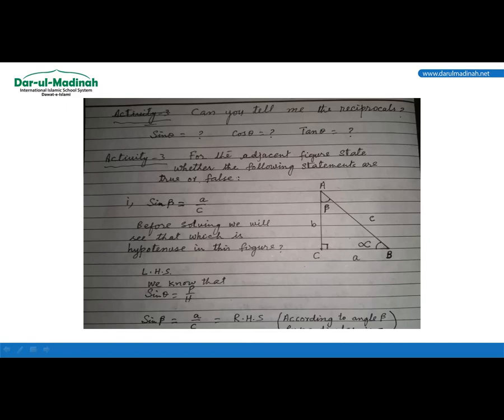Perpendicular upon hypotenuse. According to beta, the perpendicular is A, and hypotenuse is C. So the value of sin beta is A upon C, which is the right hand side of our question. So this statement is true.